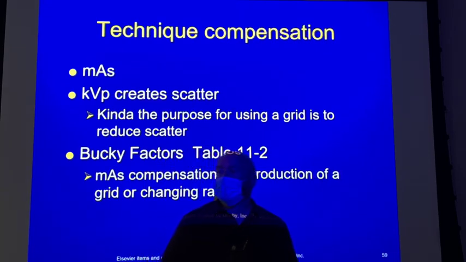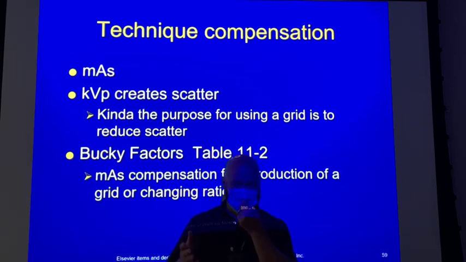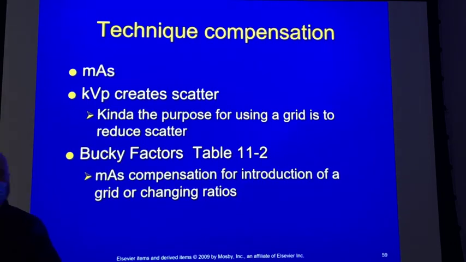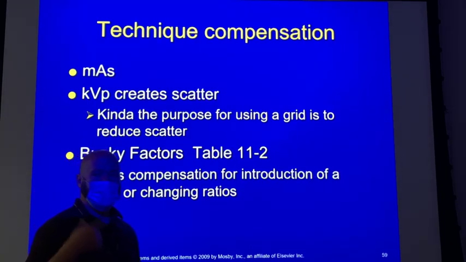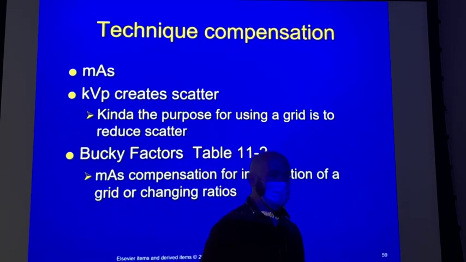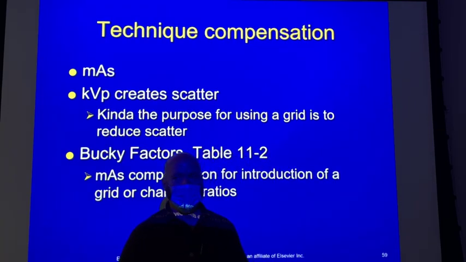All right? So now a deeper critical thinking question is, we said that the safer techniques for the patient were lower kVp high mass, higher kVp low mass. High kVp low mass, right? So now you introduce a grid. What's your patient dose going to do?